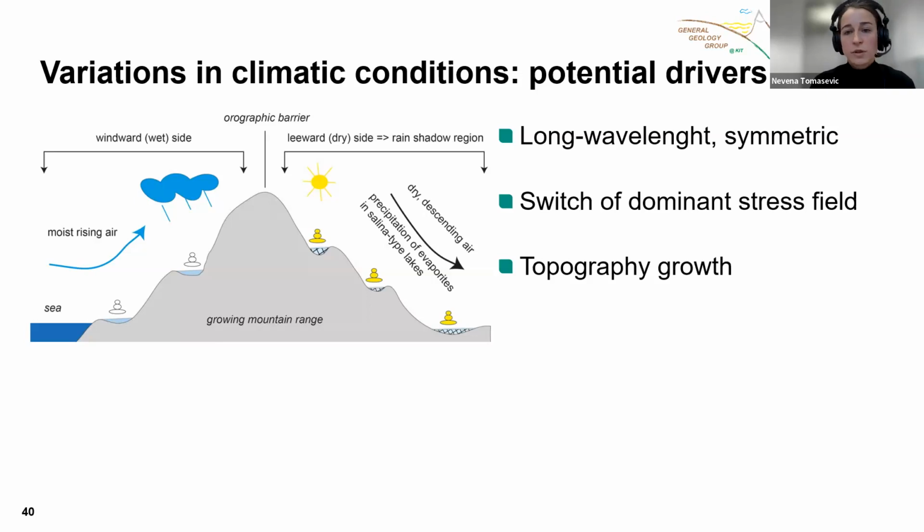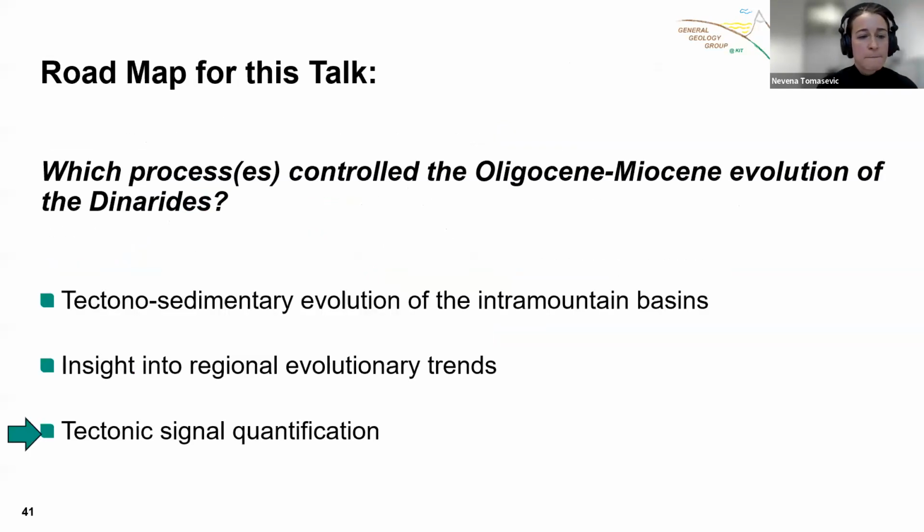This mechanism should lead to a switch from dominantly compressional to extensional regime and likely lead to topographic growth. And our first choice was to start examining slab break-off as a potential driver, which leads me to the final point of my talk, quantification of the tectonic signal.